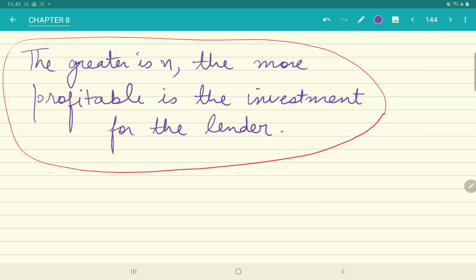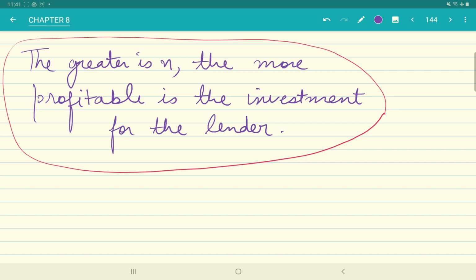So the greater is n, the more profitable is the investment for the lender. But when we talk about n being greater and greater, we have to understand that when I talk about n, that means I'm adding interest.